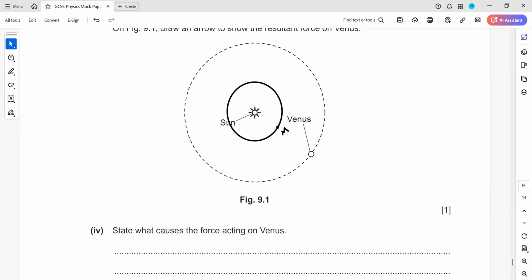As it is closer to the sun, it will move at a high speed, or it will have a smaller gravitational potential or greater kinetic energy. It will move at a high speed, or has a smaller distance to cover. So it will also have a greater orbital speed. One is the time: it will take less time. And when we compare the orbital speed, it is 2 pi r divided by t. So its orbital speed will also be greater.